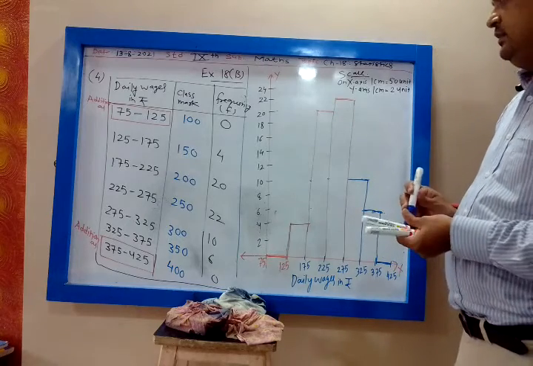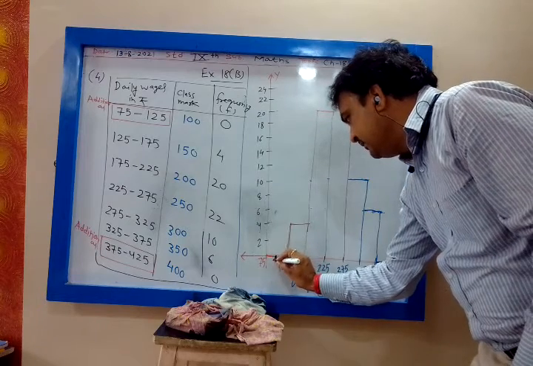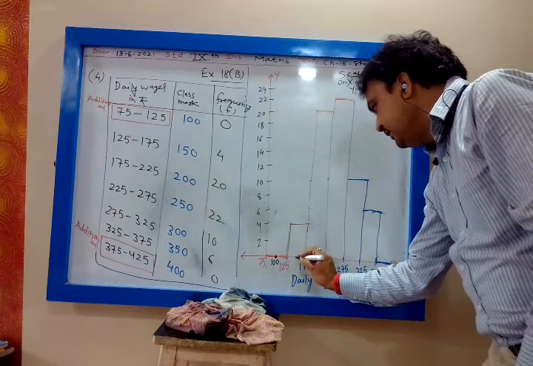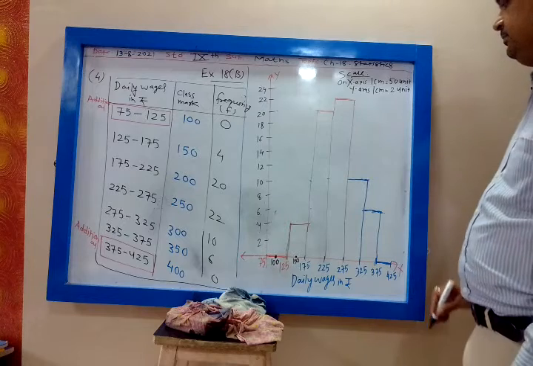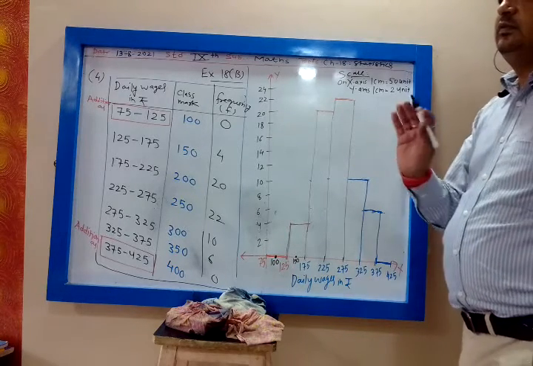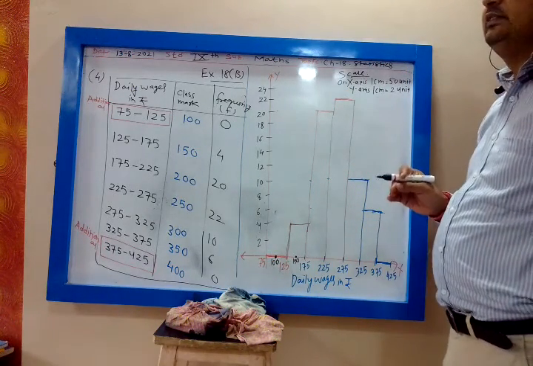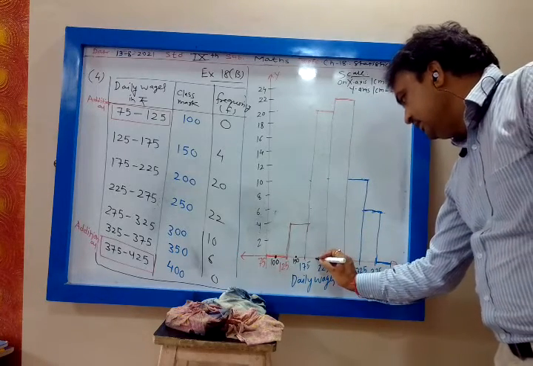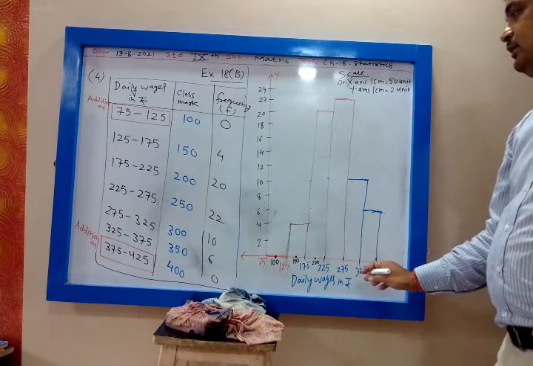Now mark the class marks. 75 to 125, it is 100. 125 to 175, it is 150. Class mark is in the middle of the class interval. I will advise you, show this part. 175 to 225, it is 200. 225 to 275, it is 250.